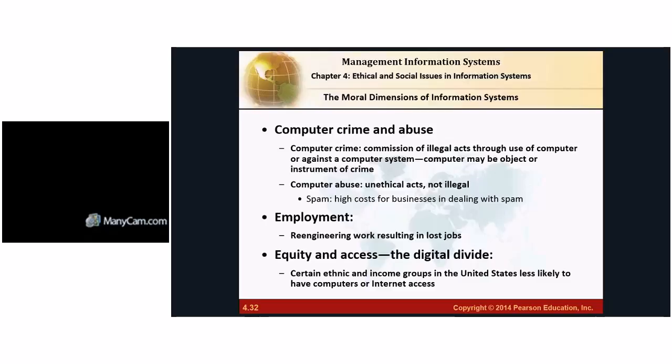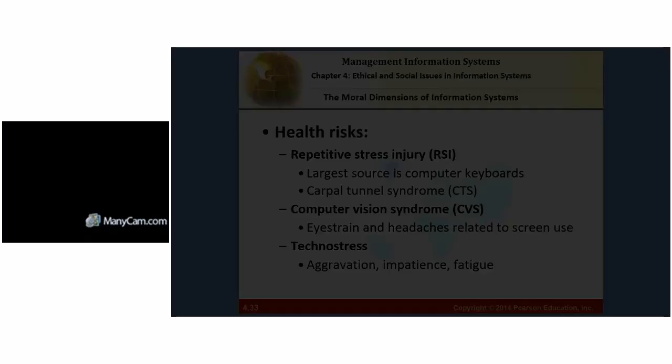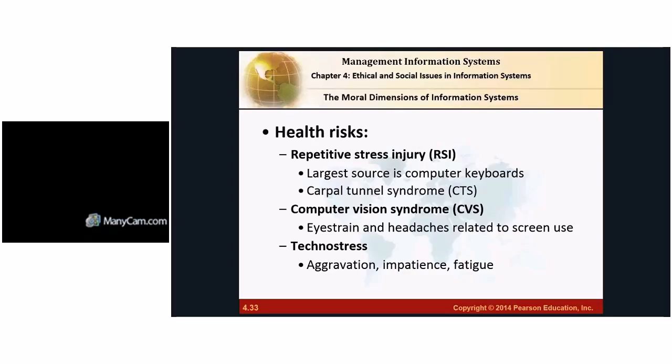Equity and access, the digital divide. Certain ethnic and income groups in the United States are less likely to have computers or internet access. In the Sri Lankan context also, if we take rural areas, we don't get that much access to the internet, right?